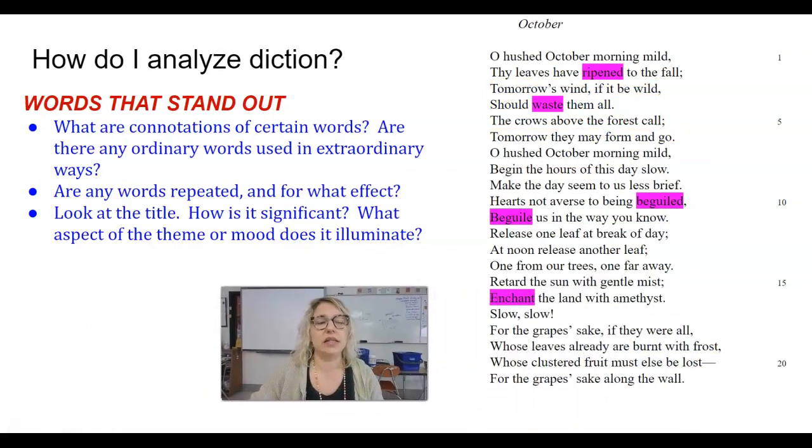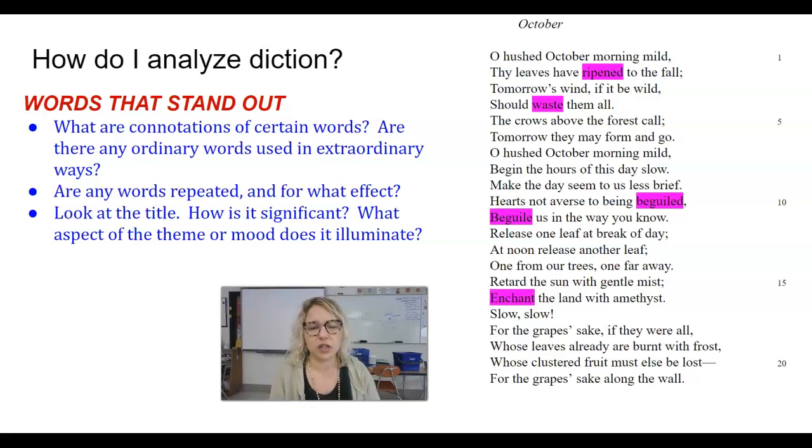Diction is the next thing, and really what we're looking at when we are looking at diction are words that stand out. Either they are just really extraordinary words, or they're ordinary words used in extraordinary ways. I think the key words in this poem that we could look at as being extraordinarily used are ripened in line 2.